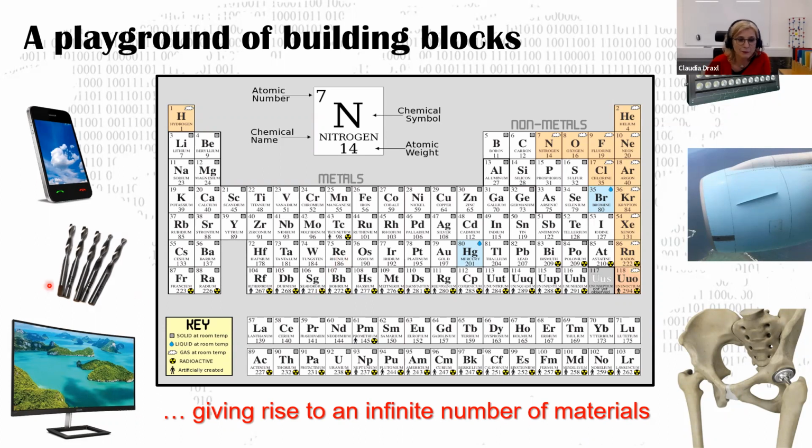So for instance, we need very hard alloys, for instance, for our tools. We need transparent semiconductors, not only transparent, but semiconductors for our gadgets like iPhones or for screens. We need lightweight materials for transport properties.